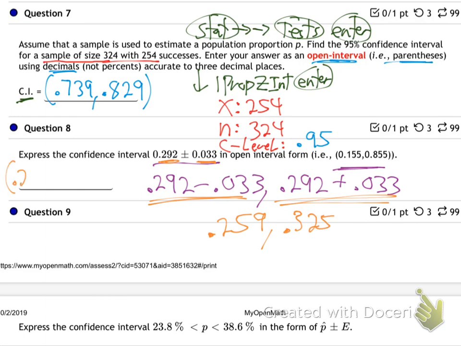So they want me to say 0.259 to 0.325. Is that making sense how we figured that out? There's the parenthesis form, and then there's the average and the give or take, error. Two different forms, saying the same truth.